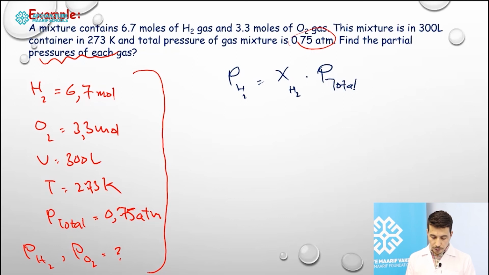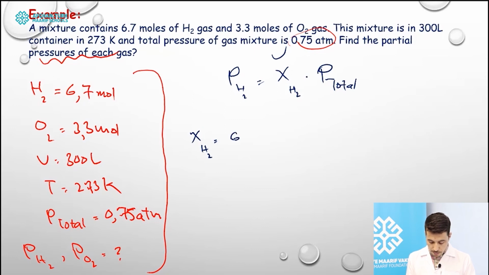First of all, we have to find the mole fraction of the hydrogen because we need it for the equation. If we want to find the mole fraction of the hydrogen, we can write XH2 is equal to the number of moles of hydrogen divided by the total moles. What's the number of moles of hydrogen?